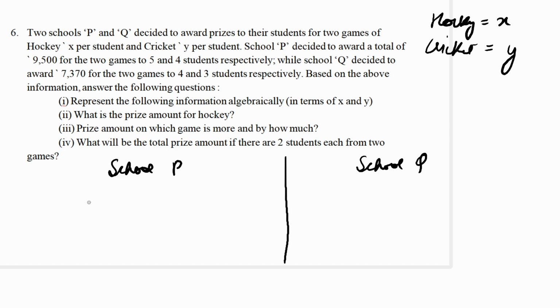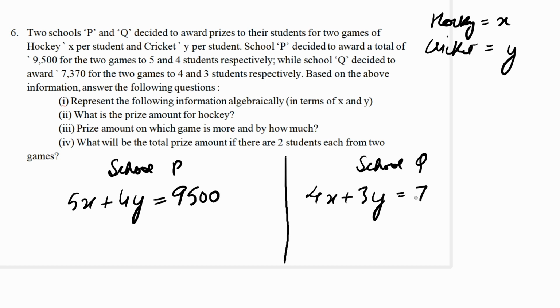Now if you look at school P, they awarded 5 people hockey and 4 people cricket, and they awarded 9,500 rupees. And school Q awarded, how much? 4 people hockey and 3 people cricket, and they awarded 7,370.